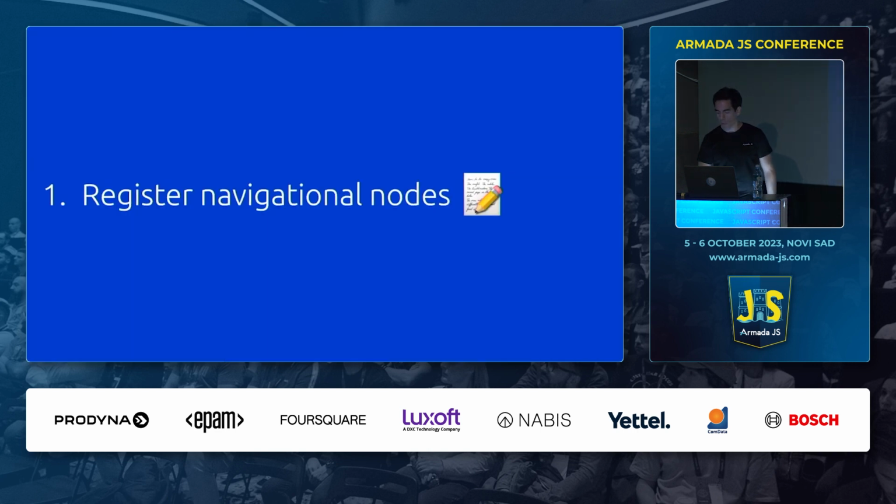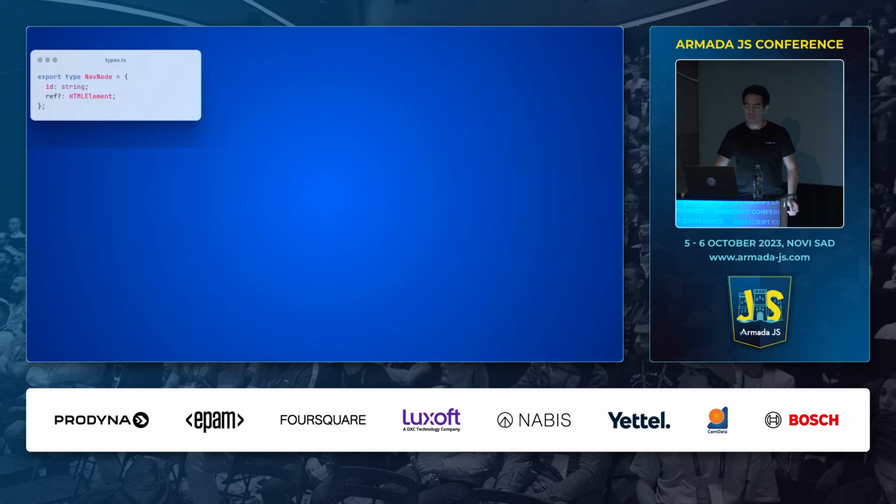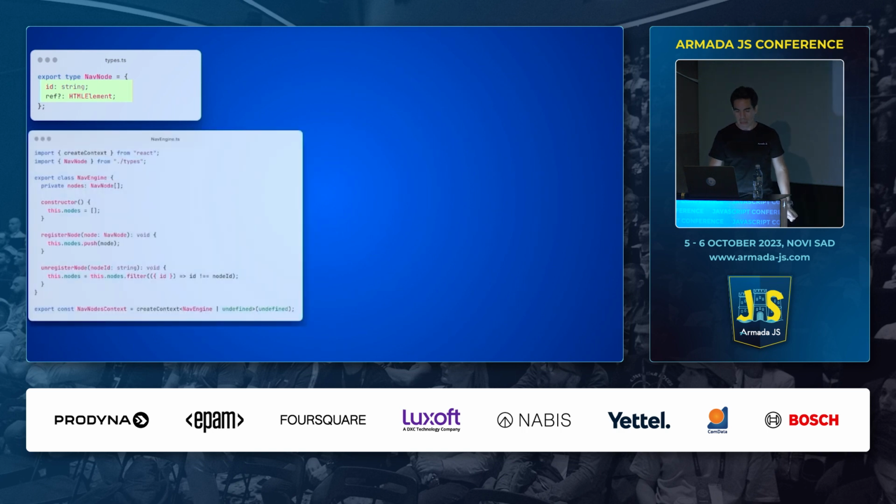All right, step number 1, register navigational nodes. In our schema, for each of the navigational nodes, we're going to have 2 properties, the ID and a reference to the actual HTML element that we're rendering. Then we create the class with a private variable, nodes, where we put all the navigational nodes that we are registering, a method for adding values to this private variable, and another one for removing it.